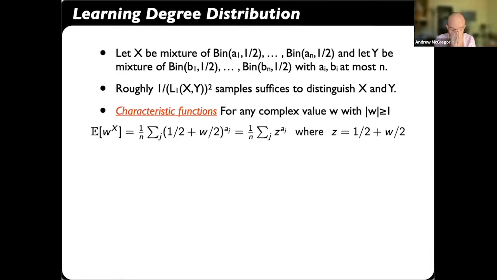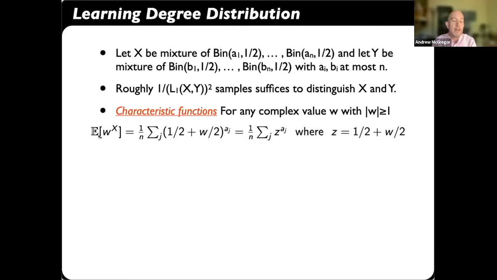So the main idea of this prior work is to look at characteristic functions. We're going to be slightly more general than characteristic functions. We're going to think about W being a complex value. Normally we think about W being a unit complex number, but in our context, it could be larger.